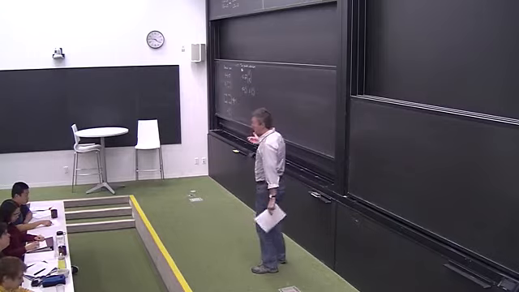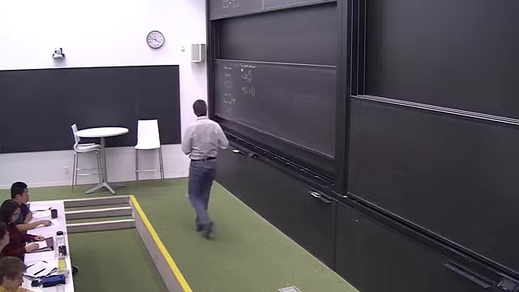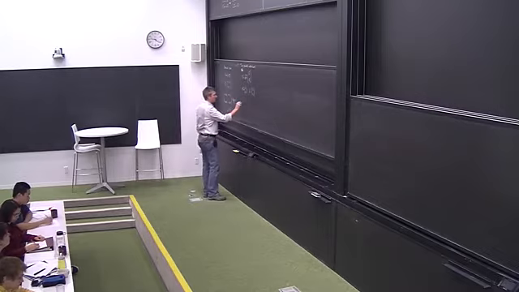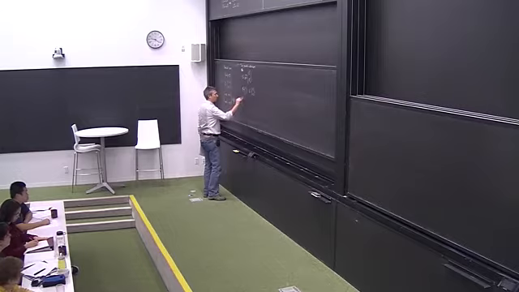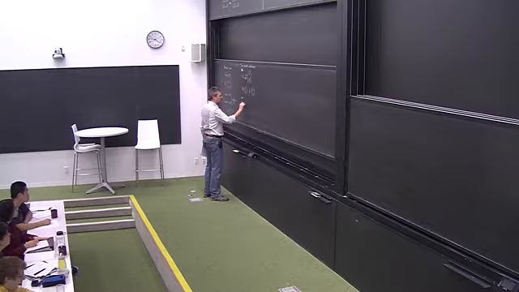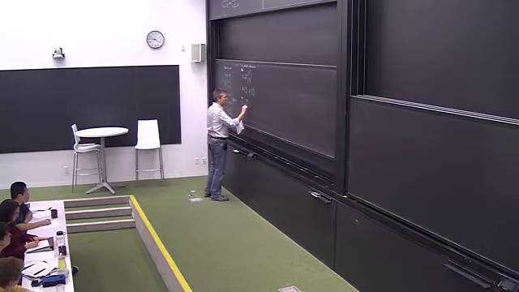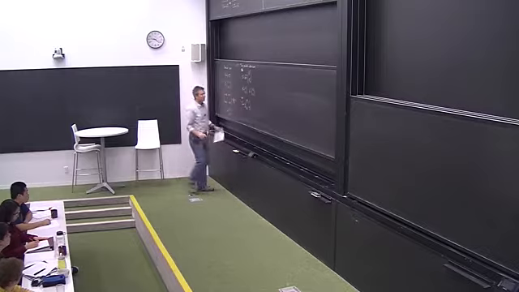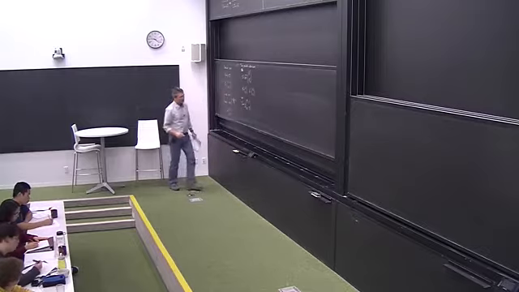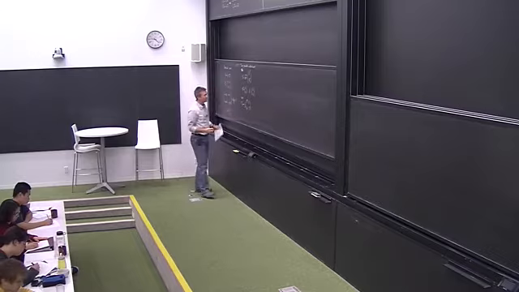Okay, so how to say that this is spin? Well, as you remember, the non-relativistic spin operator was given by the matrix that had sigmas on the diagonal and zero off the diagonal.